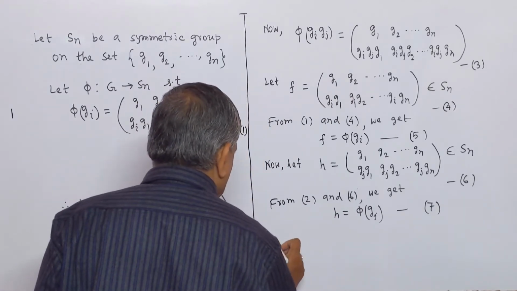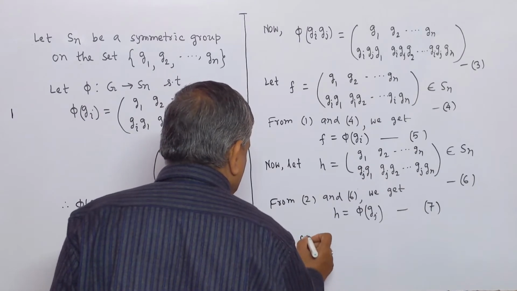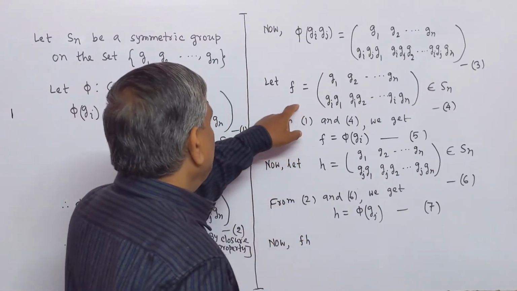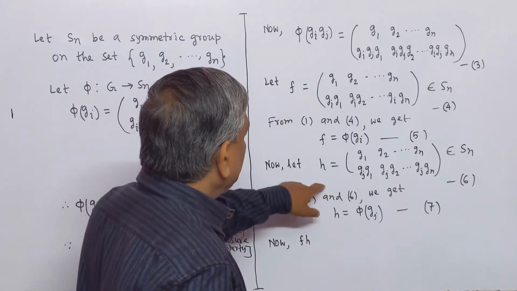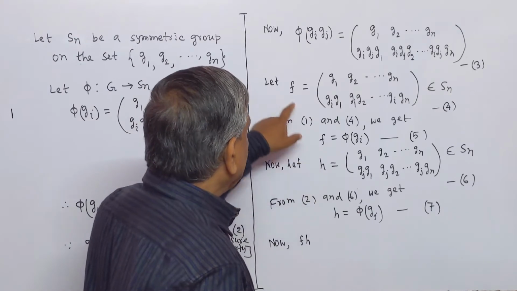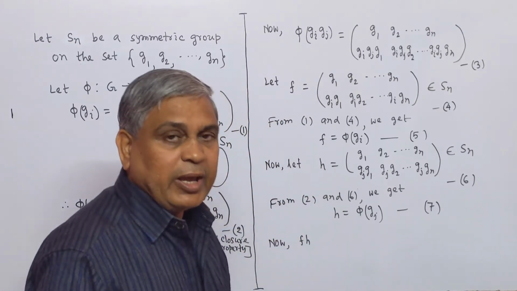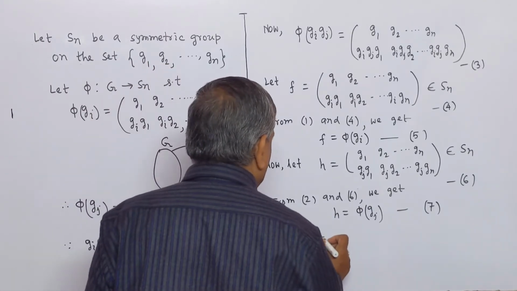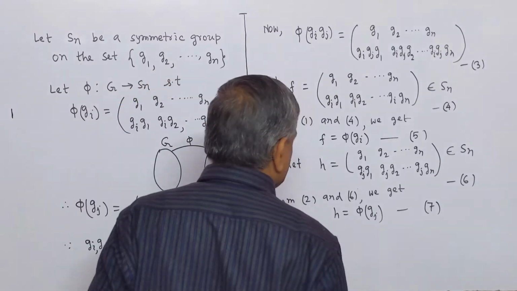Now fh. f is a permutation and h is a permutation. Therefore, their product, that is the composite mapping fh, is also a permutation on the set g1, g2, ..., gn.